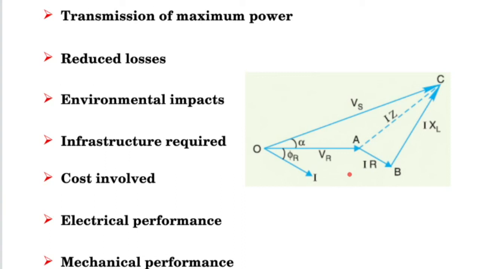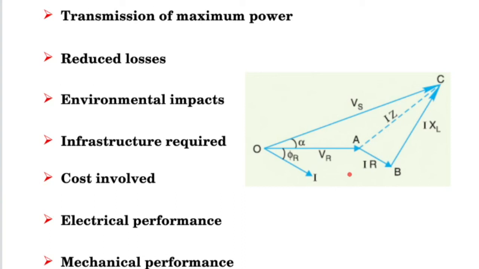Apart from these two, what else can happen? We can have leading power factor, we can have lagging power factor. What other condition can happen? Unity power factor. That's the correct answer, thank you, Meshan.